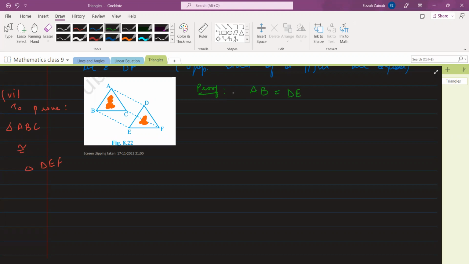This was already given to us, right? And another, BC is equal to EF. This was also given. Understand? This side and this side. And we have just proved that AC is equal to DF in the previous part. So all the three sides of the triangle are equal. So by SSS criteria, we can say that triangle ABC is congruent to triangle DEF.